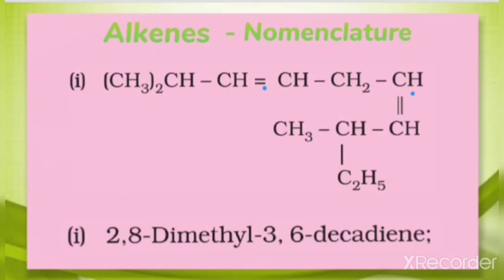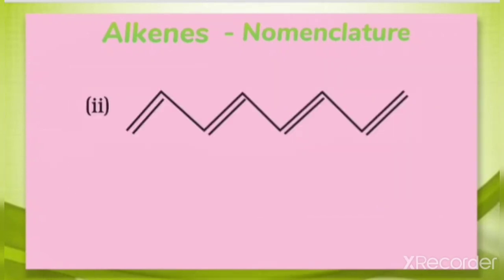So the name of this compound is 2,8-dimethyl-3,6-decadiene. Why are we using diene? Because two double bonds are there, at the 3rd and 6th carbon, therefore it is called 2,8-dimethyl-3,6-decadiene.